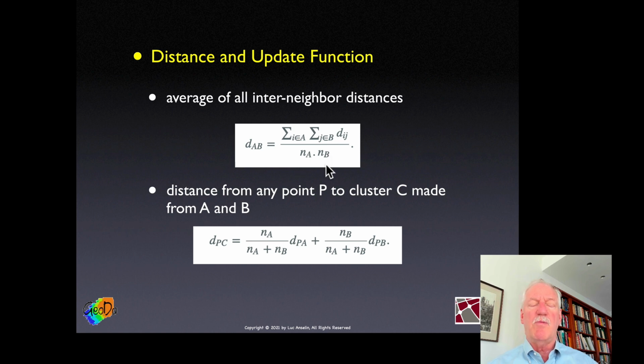We divide by the number of points in A and the number of points in B. And then the update function for a point P to a cluster made from A and B is a weighted average of the distance between P and A and the distance between P and B. So in the distance table, we have these distances already. All we have to do is make the weighted average, and we have the update of the column and row elements in the distance table.